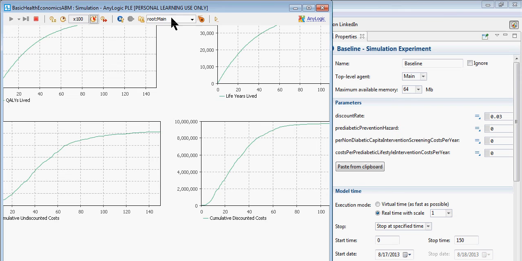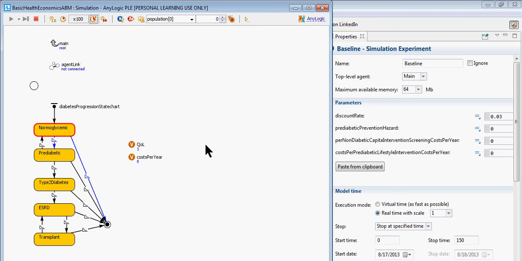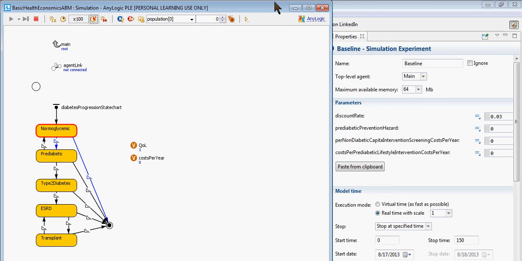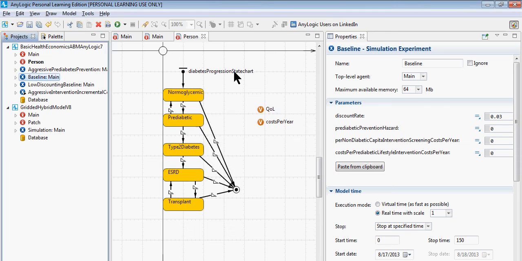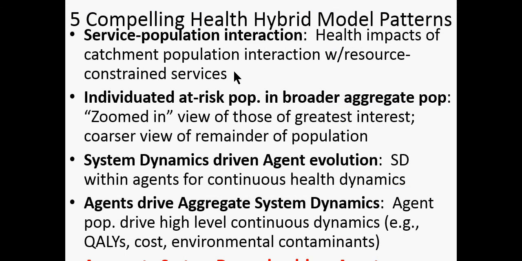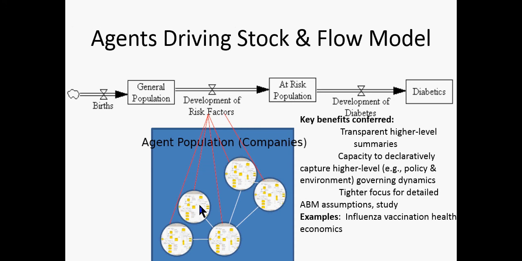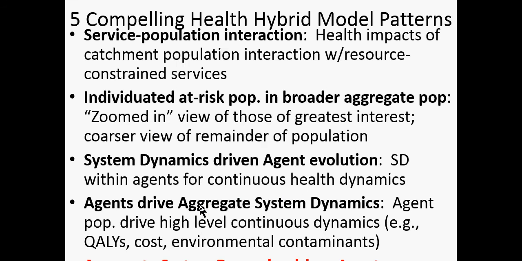So we can run this model, and what we will see is a population of people, 993 people right now, accumulating quality adjusted life years as that population is living.